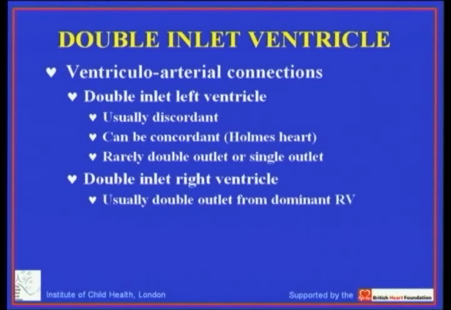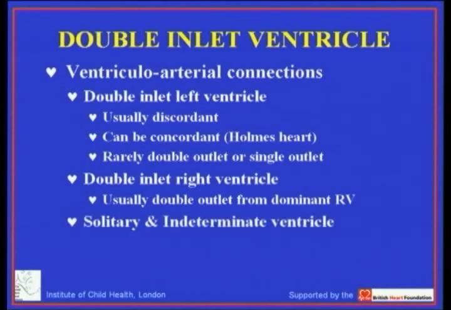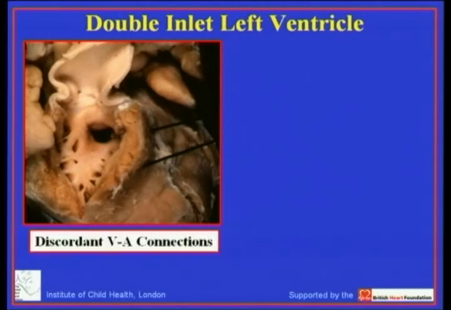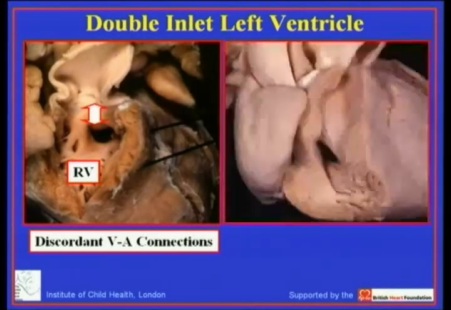When we have right ventricle, almost always there is double outlet from the dominant chamber, and of course with solitary or indeterminate ventricle there can only be double outlet or single outlet. Simply there is a solitary ventricular chamber. So this is the picture I've shown you already with discordant ventricular arterial connections, and then the infundibulum is relatively short.